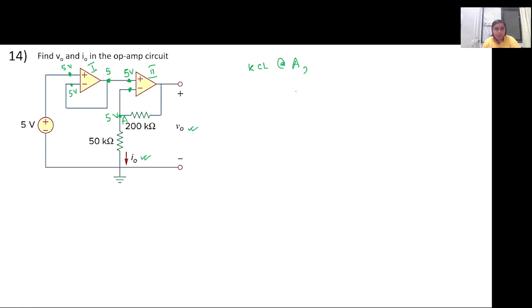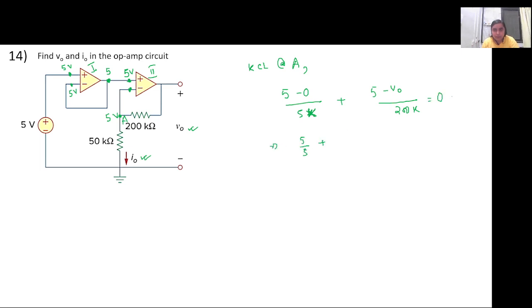So 5 minus 0 by 50 kilo, I'll just write K as 10 to the power 3, and the current here is 5 minus V0 by 200K, which will be equal to 0.